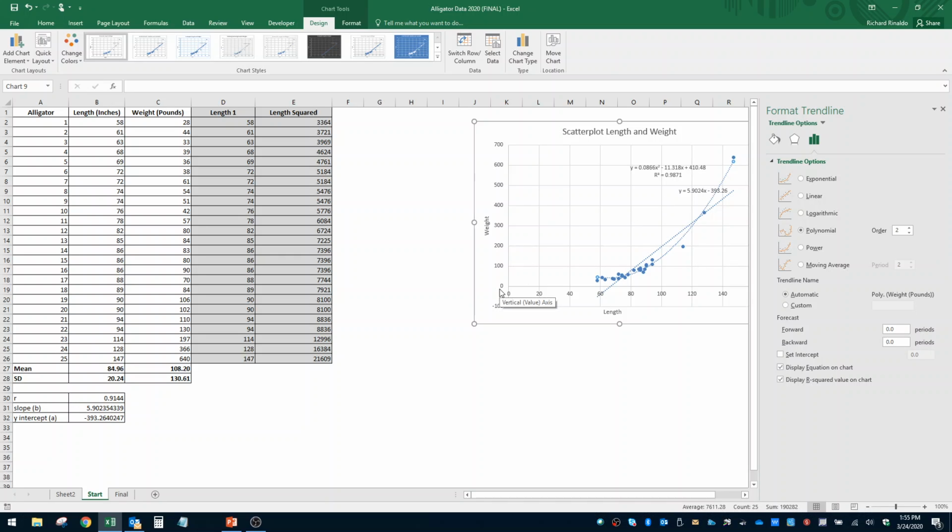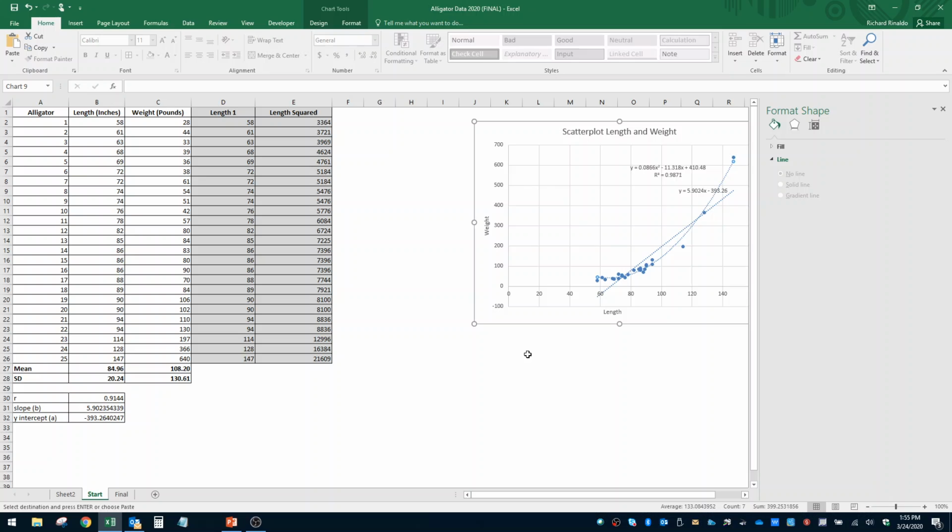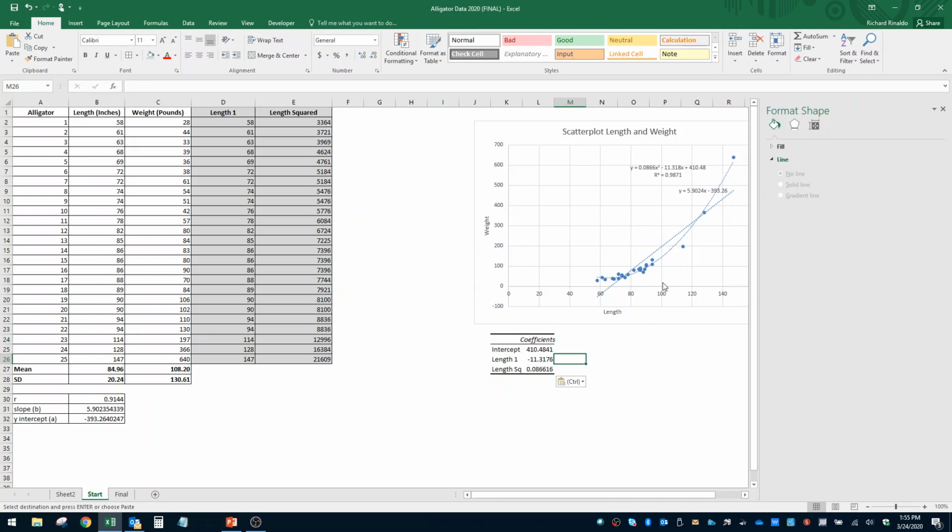Now if I've done this correctly, if I go over to my output from my regression, I'll just copy the coefficients over to make sure I've got everything right. And then a Control V. So here it is. There's my y-intercept of 410, the -11 for x, and the 0.0866 for the squared function.